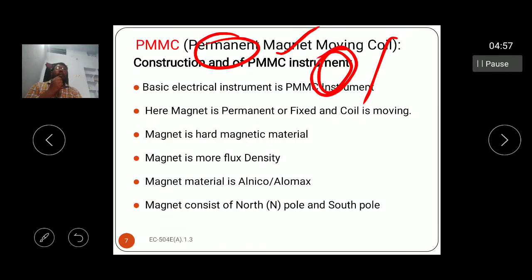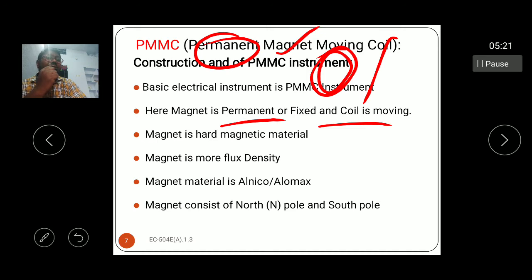That's why it is called the PMMC. The most important basic electrical instrument is the PMMC instrument. Here the magnet is permanent, or fixed, and the coil is moving.